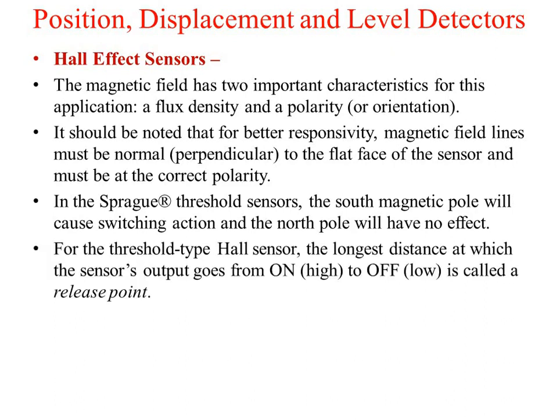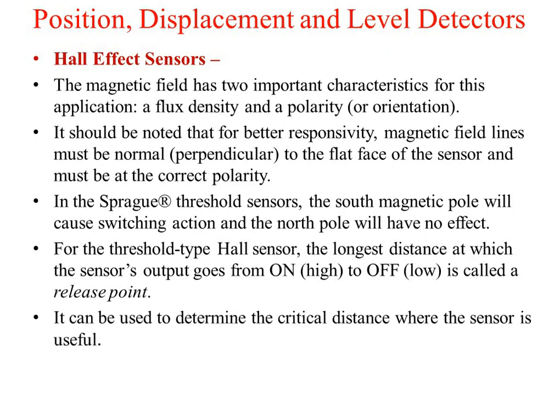So you will be getting on and off type of output because you will be using a threshold type. The output going from on to off is called the release point in a threshold type of Hall sensor. So the longest distance can be found out, and it can be used to determine the critical distance where the sensor is useful.